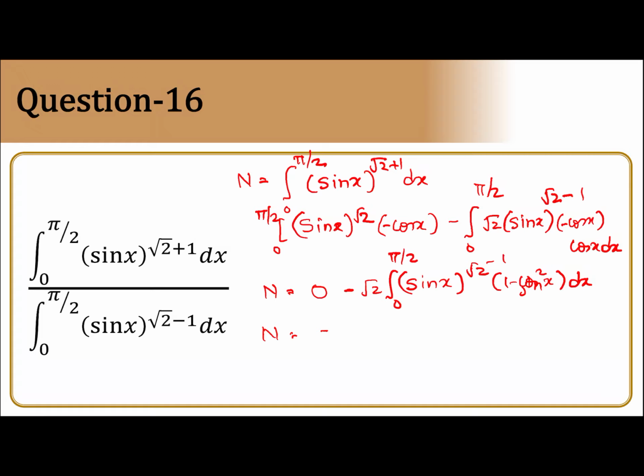The denominator function we get is (sin x) to the root 2 minus 1 into root 2. So we get root 2, the integral from 0 to pi by 2 of (sin x) to the power root 2 minus 1 dx. Okay, this is equal to, and because minus sin square x is there, minus cos square x, I have taken 1 minus sin square x. So this is nothing but minus minus plus.